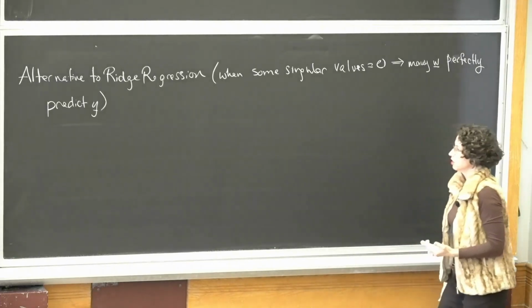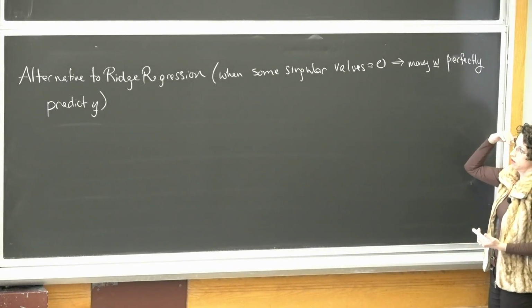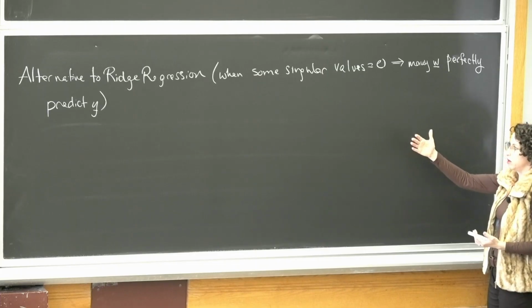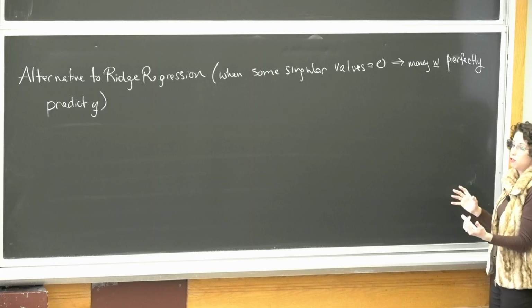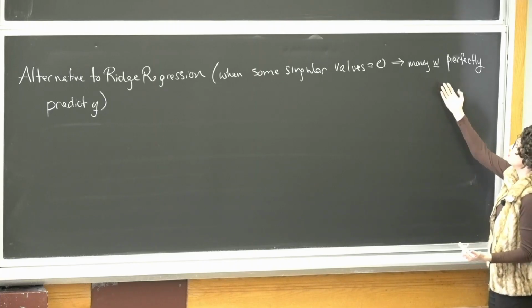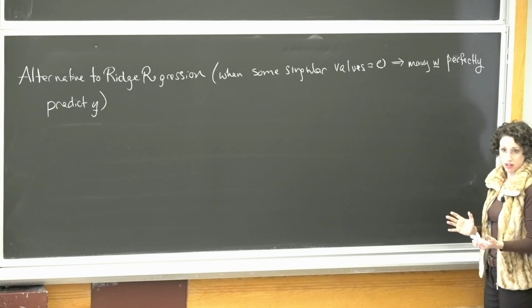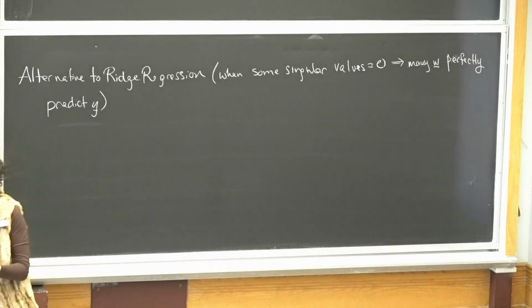So the question is, if I've got many different weight vectors and they all give me perfect predictions of the labels, or maybe even not perfect, but just equally good, then I have no way of distinguishing among them, right? So how do I choose which of these different weight vectors I want to use? So we said with least squares, well, we're just going to totally sidestep that.